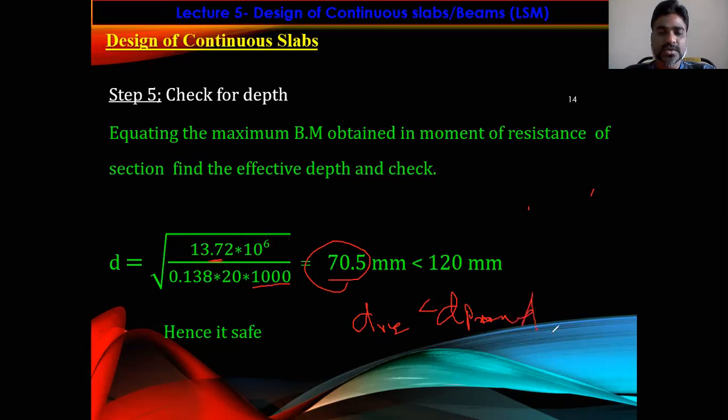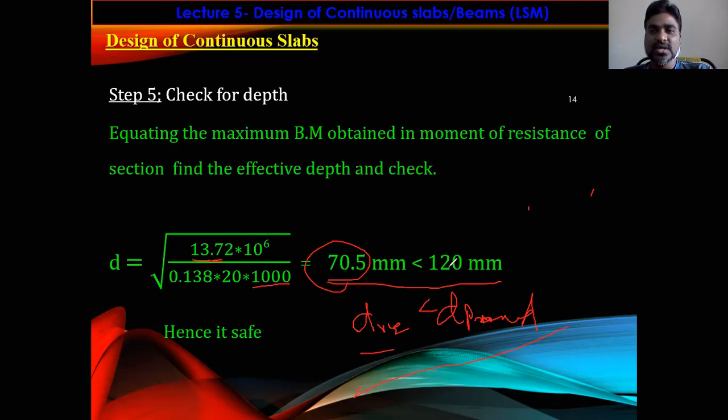provided, right? Because whatever the d required to resist this much of bending moment, if you have provided greater than the required, then it is safe. So in this case, it is safe. The 70.5 is less than the 120 mm. So whatever you have provided is more than the required, so it is safe. Suppose if d required is greater than the d provided, that means your beam will fail.